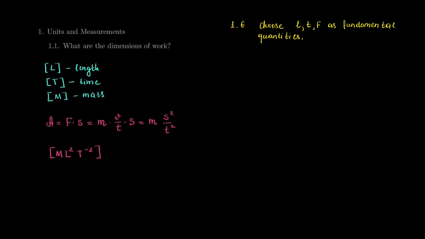Now in this problem it says what would be the dimension of mass if we choose length, time, and force as fundamental physical quantities. So now let's say that the dimensions of L, it's again big L, and we also have the dimensions of T, and we also have the dimensions of F as well, big F. Let's say that big F is the dimension of F.